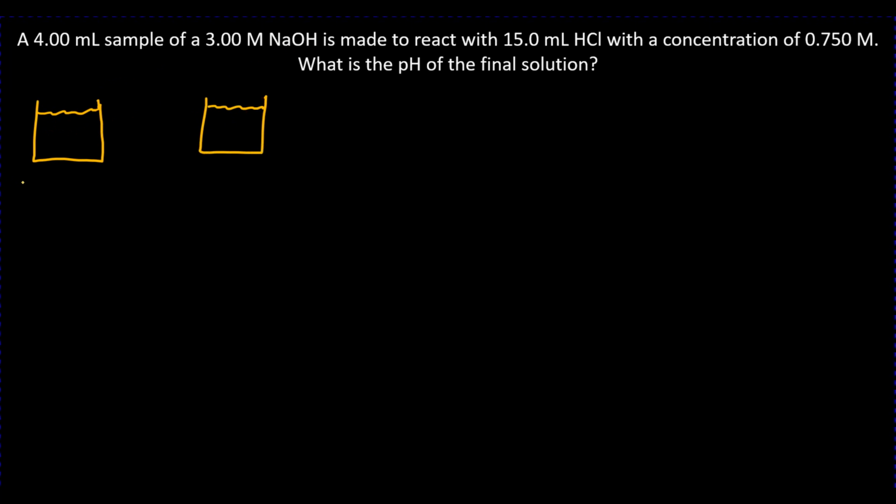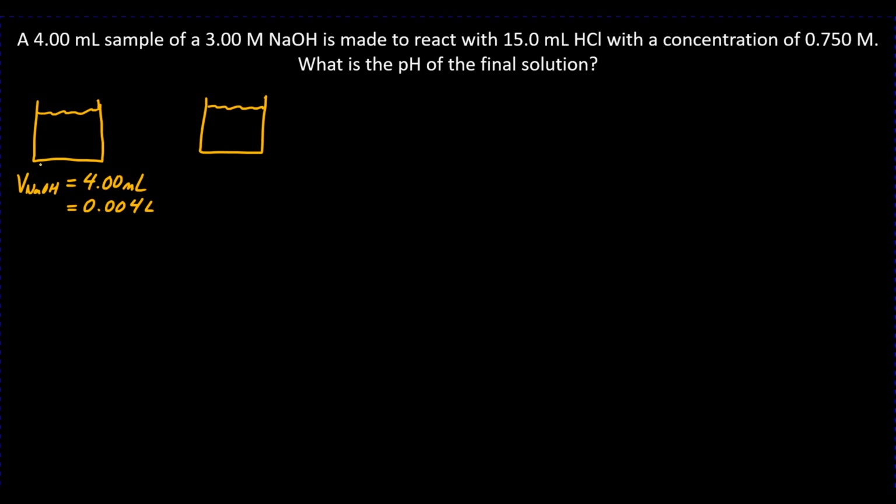The volume of the base is 4 ml. Don't mind the drawing. Also, we can express this in terms of liters, so that is 0.004 liters. This is going to be relevant in our computation later.